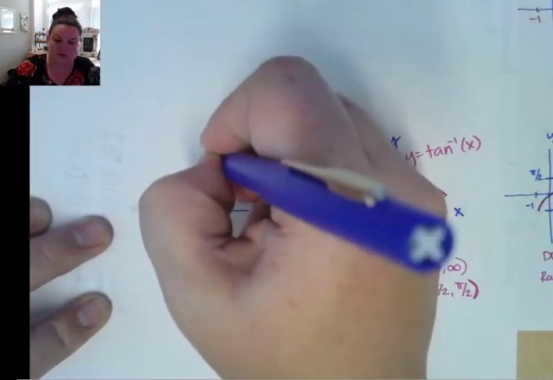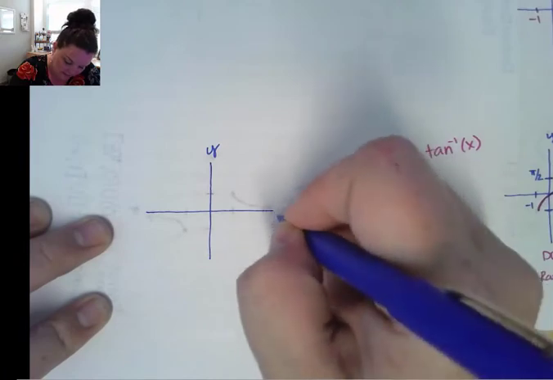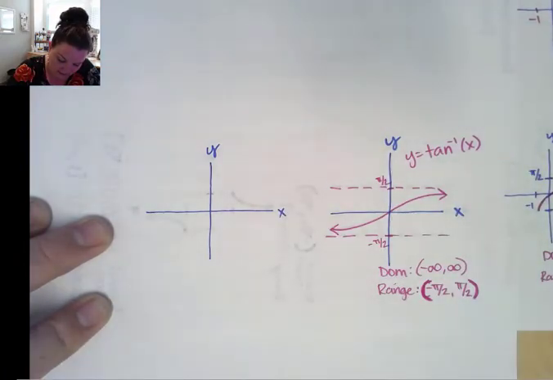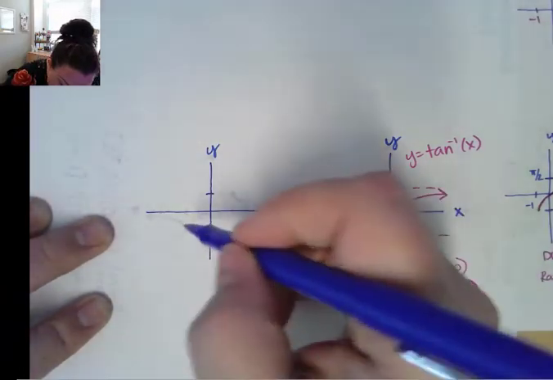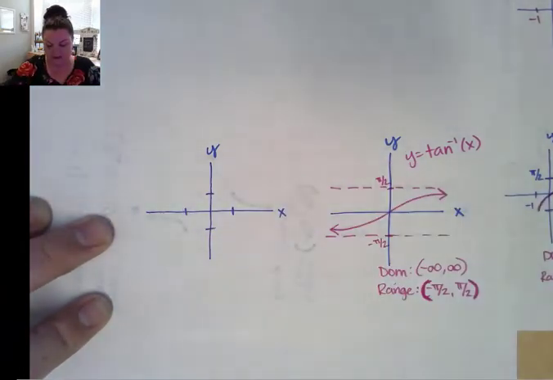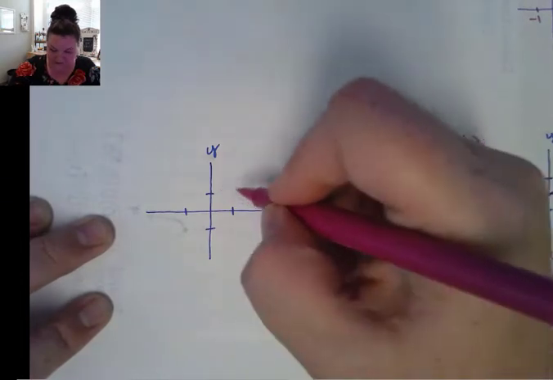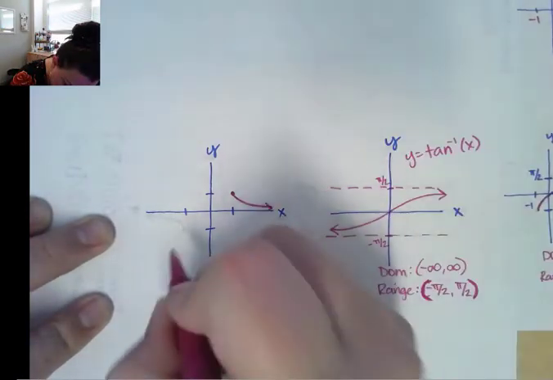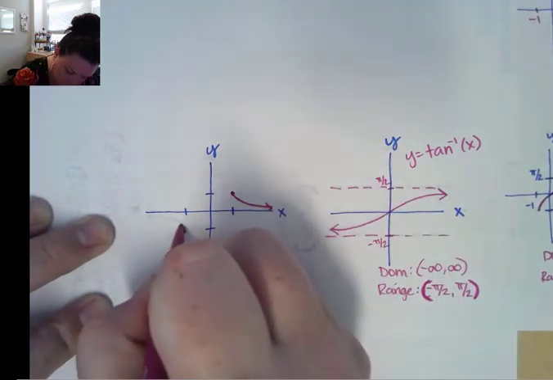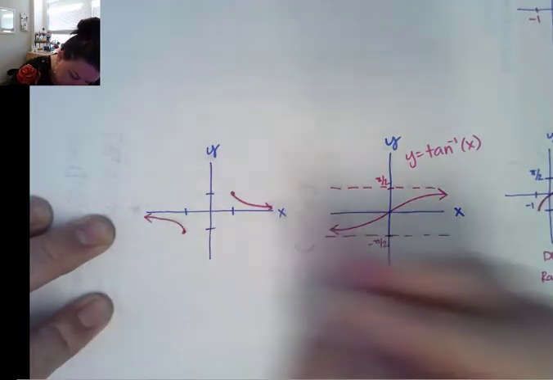You can see here this used to be my x. Now this is going to be my y, and this is going to be my x. And you can see I have the little tick marks listed here. So let's go ahead and draw in our picture. Something like this.